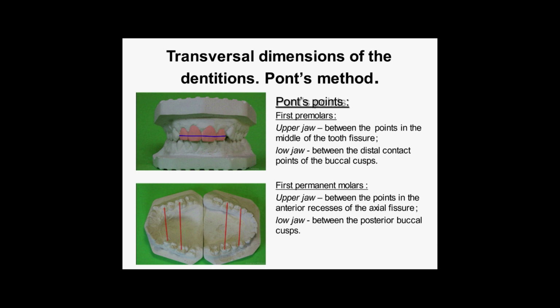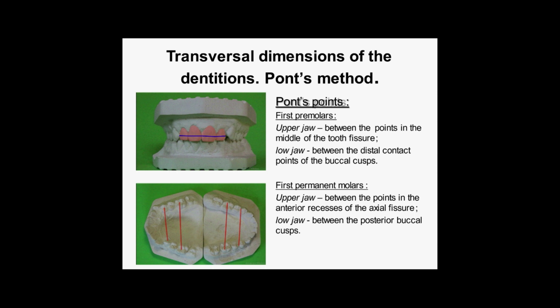For this purpose, Pond suggested measurement points that align when the teeth of the upper and lower jaws close, and therefore the width of the dentition is the same.